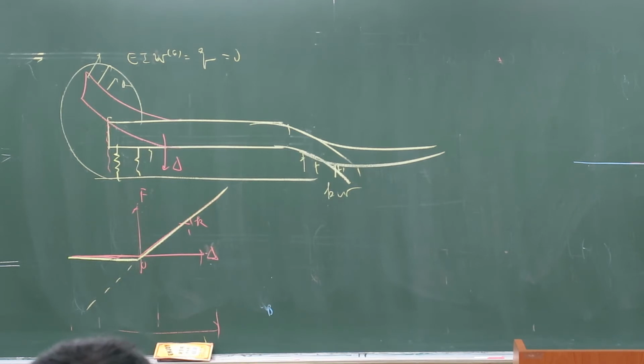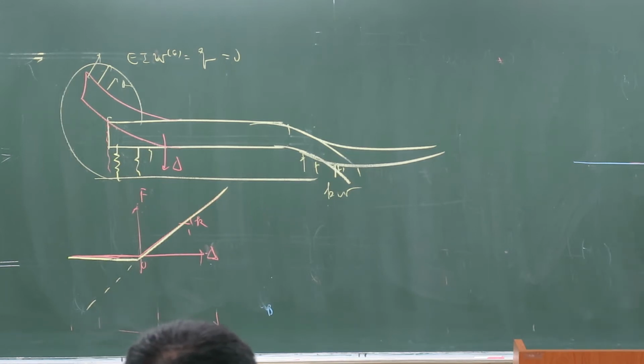So some part here will separate. Maybe this part is not very big, okay? But if it's a very soft beam, probably the inflection point is very big. And this part is formed, and we have a reaction here.